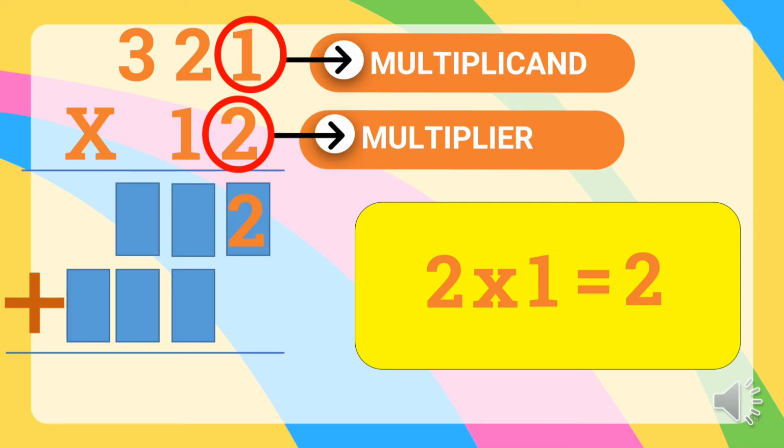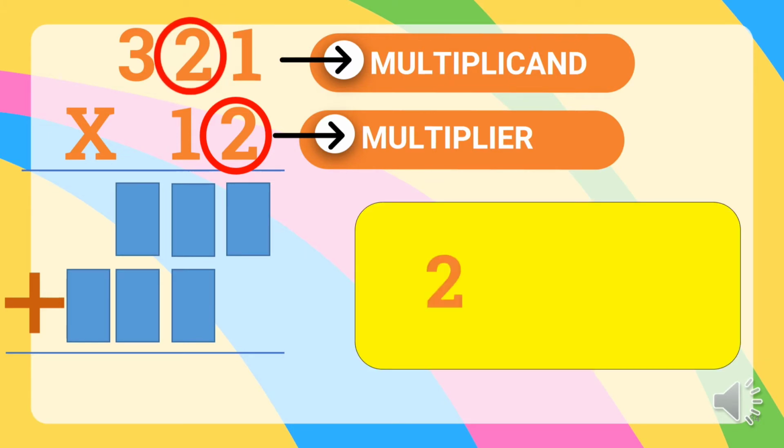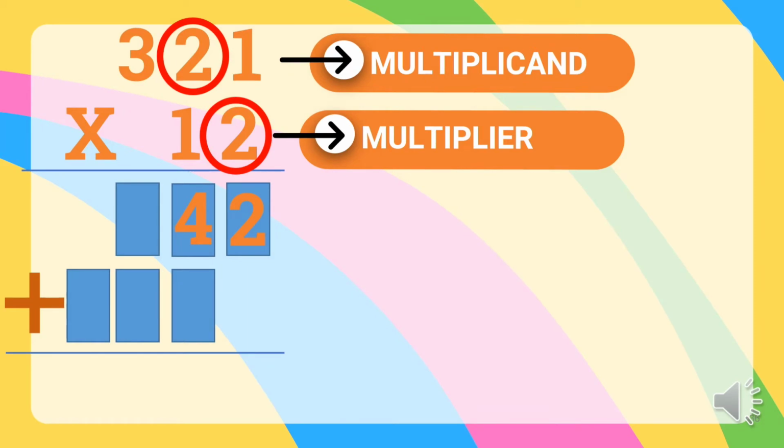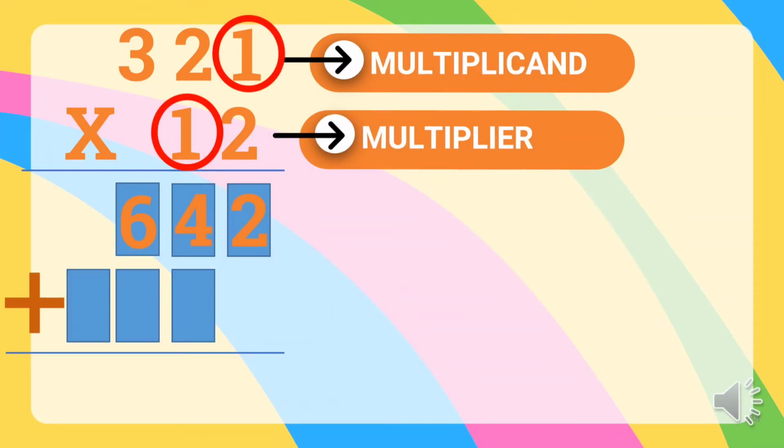Next is 2 times 2 is equal to 4. Next is, let's multiply 2 times 3 is equal to 6. Therefore, we have 642 as our first partial product.